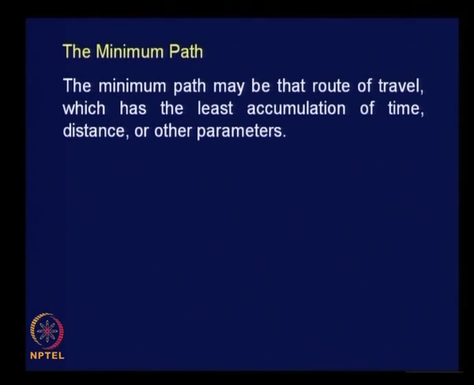Now how to find out the minimum path from a zone centroid? The minimum path may be that route of travel which has the least accumulation of time, distance or other parameters, more commonly time.